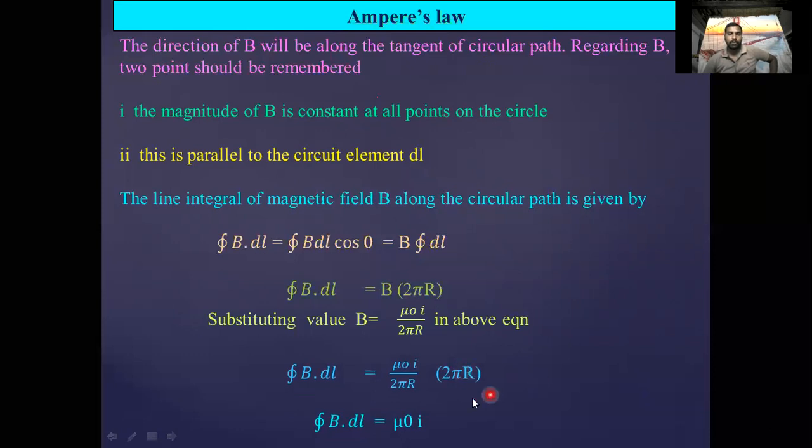The 2 pi r terms get cancelled, and integration B dot dl is equal to mu naught I. This is the Ampere's law in a steady state current.